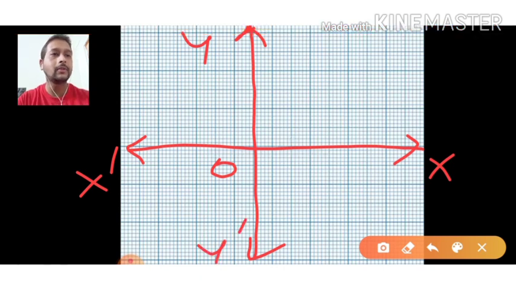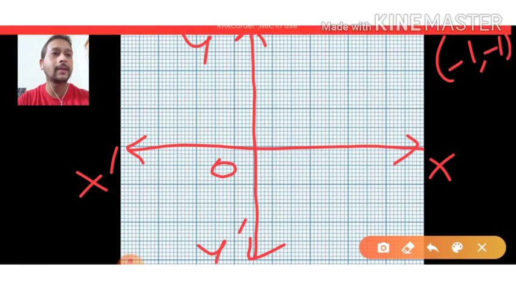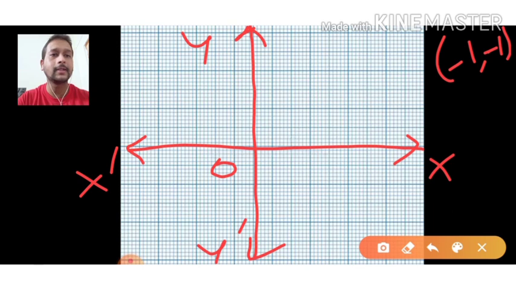We are going to plot (-1, -1). As it is minus 1 at first, we have to go to the left hand side because x is negative, so we go to the left hand side of 0.